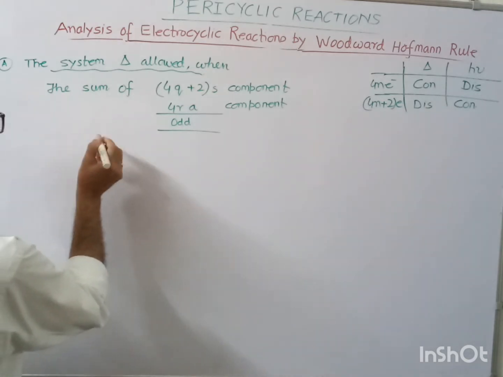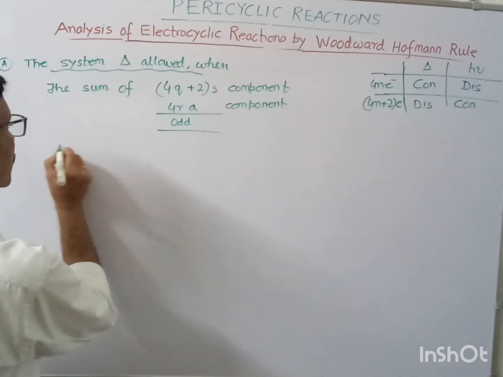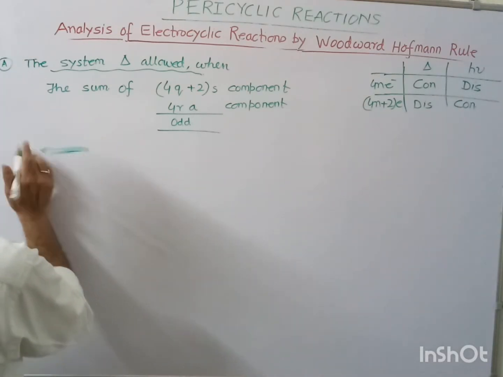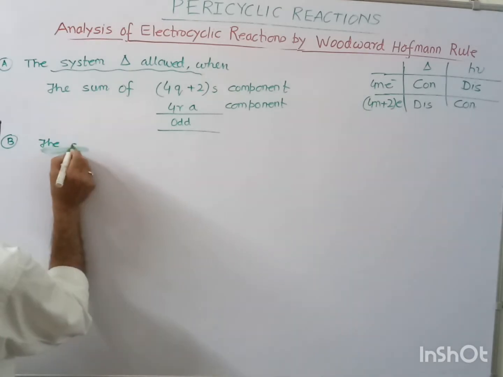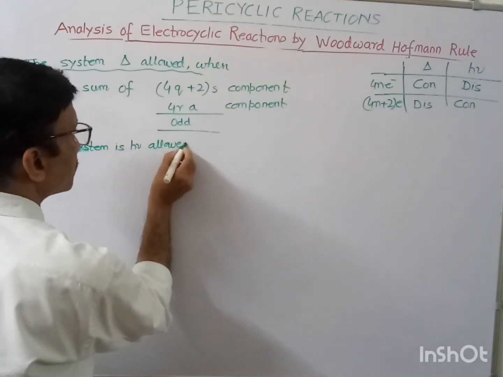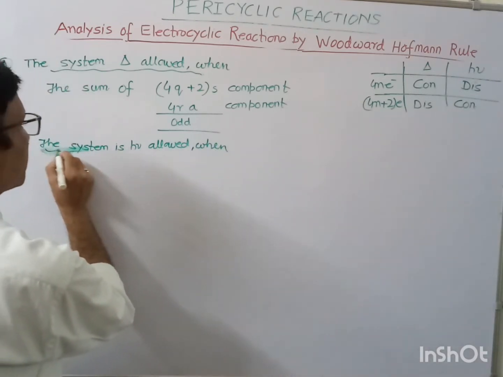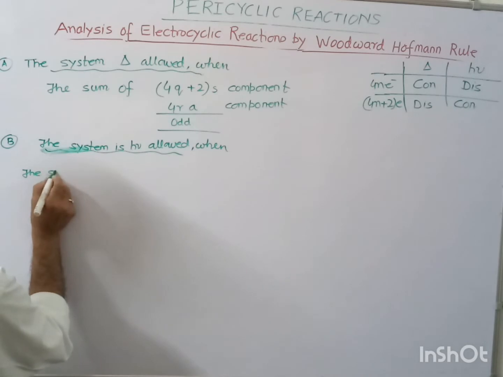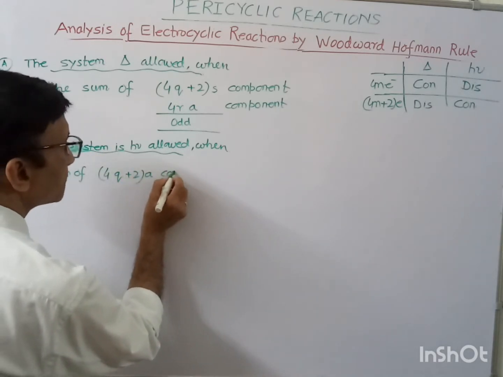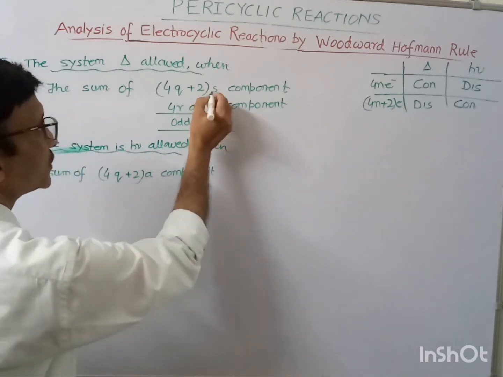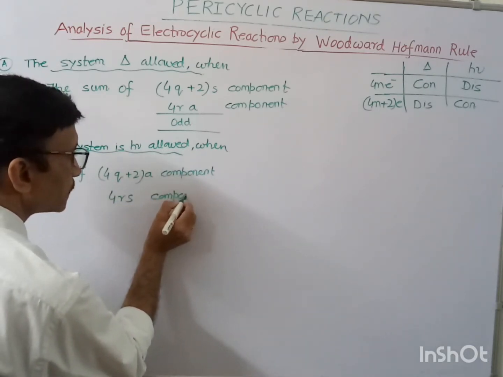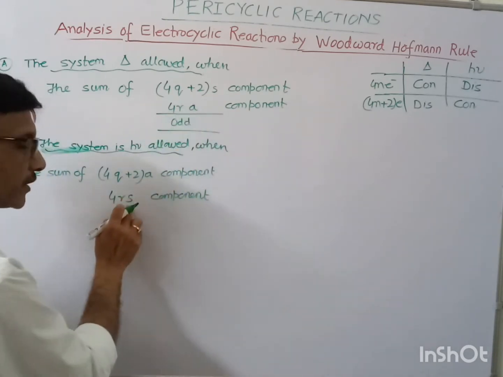Now, second case, suppose the system is photochemically allowed when the sum of 4q plus 2a component, here in place of s now I have written a, and 4r s component, in place of a here I have written s.